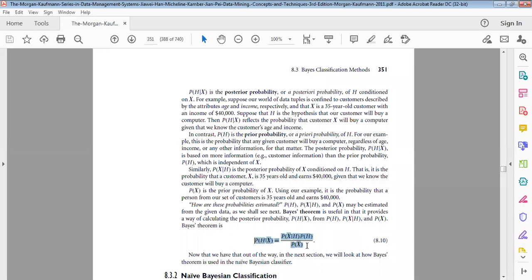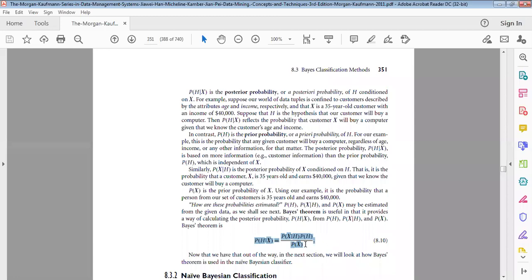This is a very important representation of Bayes theorem. The probability of H, the hypothesis given X, is equal to the probability of X given the hypothesis times the probability of H, divided by the probability of X. This is simply called Bayes theorem.